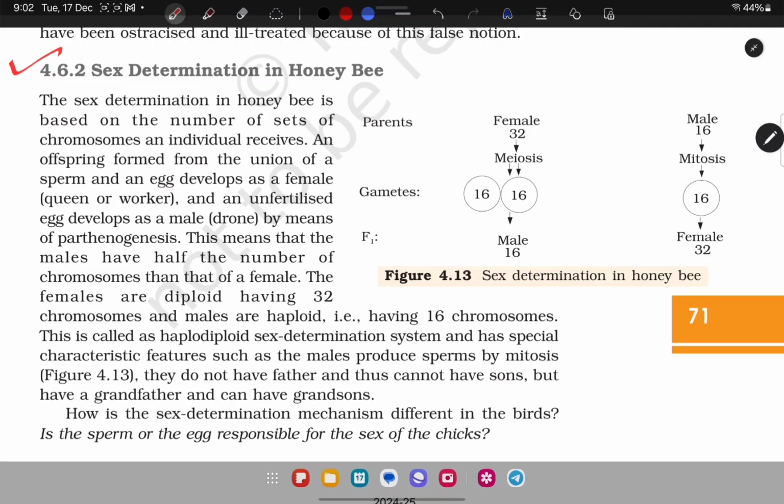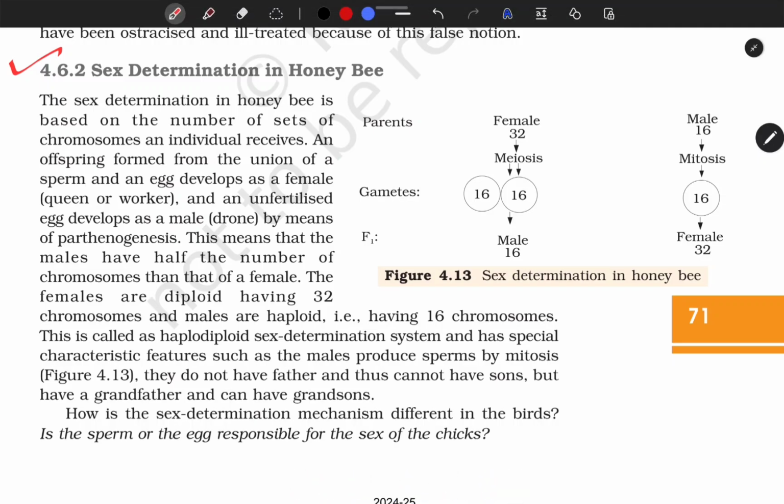4.6.2 Sex determination in honeybee. The sex determination in honeybee is based on the number of sets of chromosomes an individual receives. An offspring formed from the union of the sperm and the egg develops as a female, that is queen or worker, and an unfertilized egg develops as a male, that is drone, by means of parthenogenesis. This means that the males have half the number of chromosomes of the female.